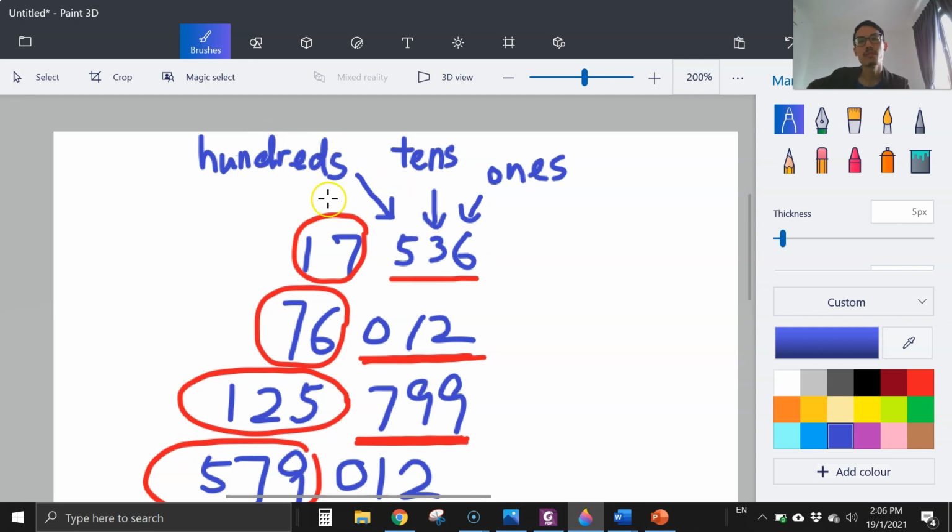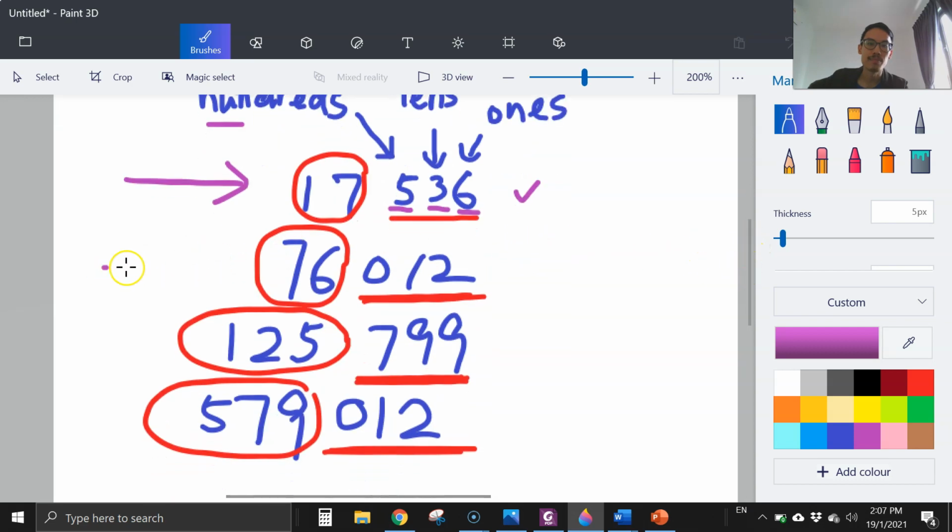So you just have to read according to their place value. So the first number, we read it as 17,536.